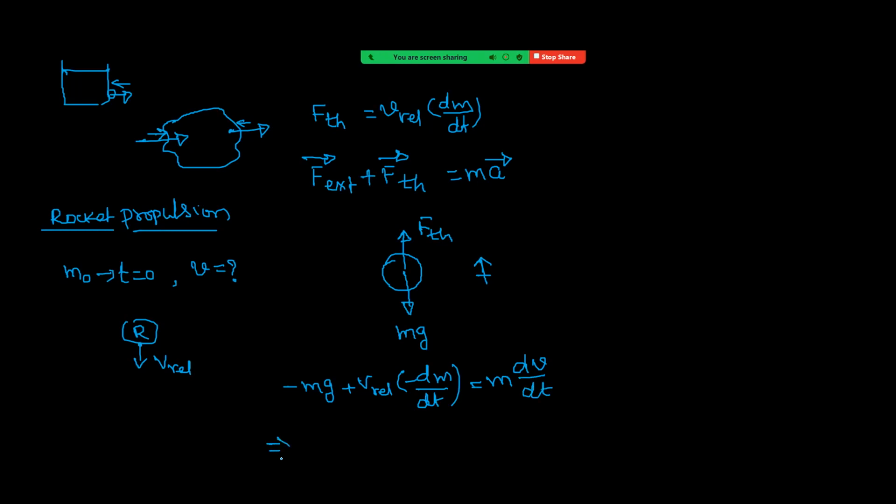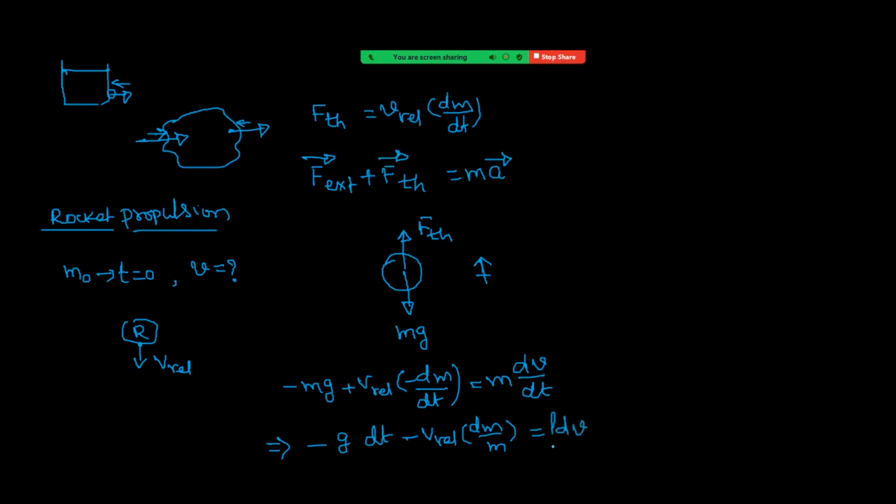Now rearrange this. Mass gets cancelled. This is minus g dt. Next, minus v relative dm by m, that is equal to dv.